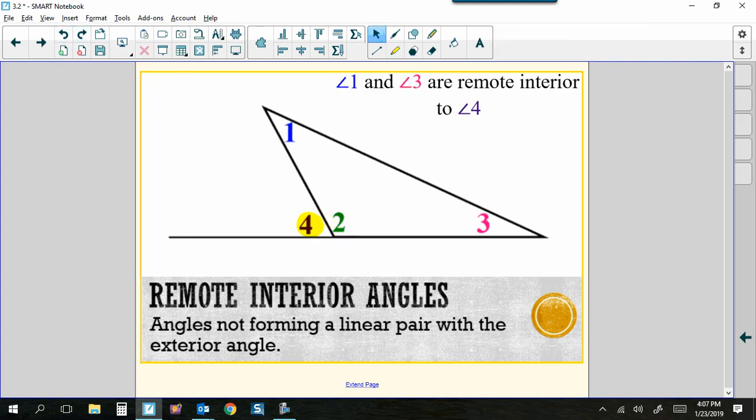So we can say that angle 1 and 3 are remote interior to angle 4. I like to think of angle 4 as my remote control, and it's aiming at my remote interior angles, 1 and 3, because if it was 2, you could just touch it. You wouldn't need a remote control. Well, that, and I already have a vocabulary word for 4 and 2. They're a linear pair.